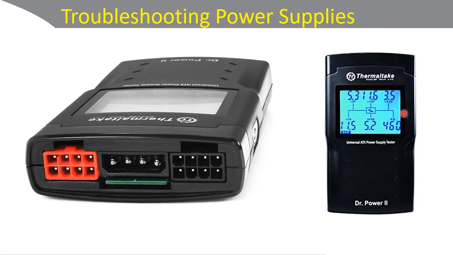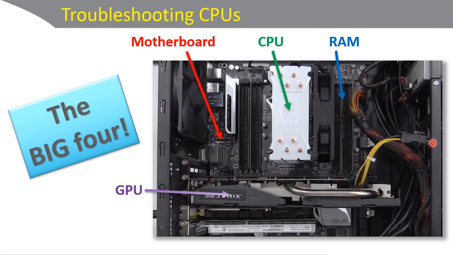And here's some readouts here for 5 volt, 12 volt, 3.3 volt, negative 12 volt, and so on. And I show how to use this exact tester in another video. So that's what you want to do when you're troubleshooting power. You want to check the power supply with a device like this, but never open the power supply. So you got to have power before you can do anything else. Then you can talk about the Big Four. Then we can get back to the CPU.